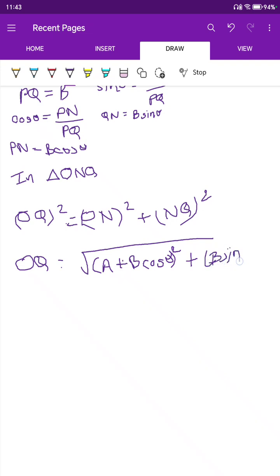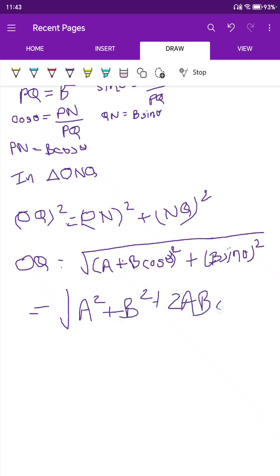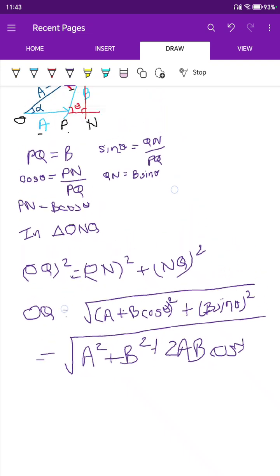Let's expand this, and if we expand this, the result would become A square plus B square plus 2AB cos theta. So this would be the final result.